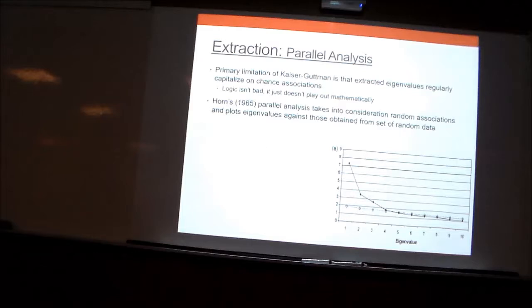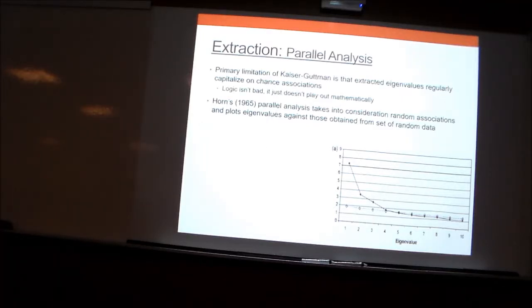The idea behind parallel analyses is that we don't want to extract factors that, based on the parameters of these data, would be associated with less variability than what we would expect to occur at random.